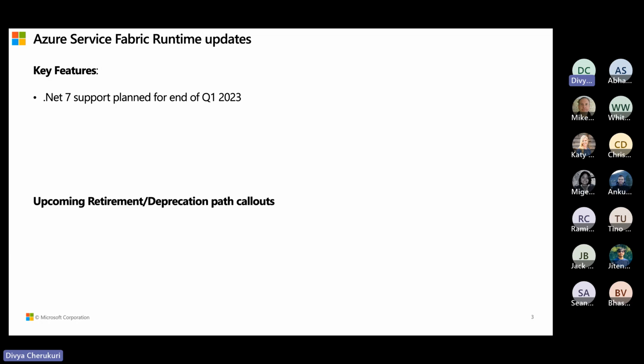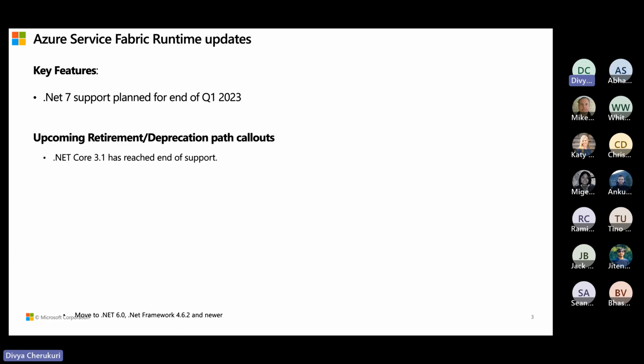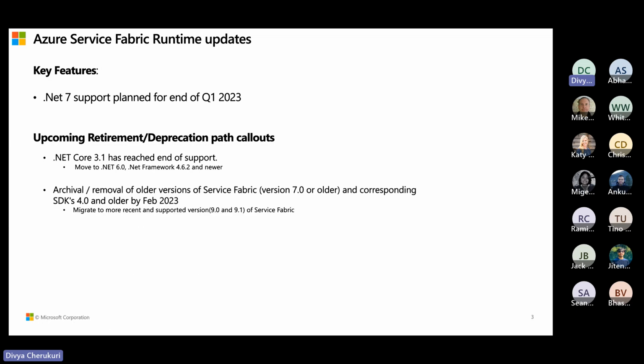Today I would be covering the updates on Service Fabric Runtime. Just to give a heads up, the key feature of the upcoming SF Runtime that we are currently working on is to include support for .NET 7. We have received multiple pings for this, and we are currently working on enabling support for the same.